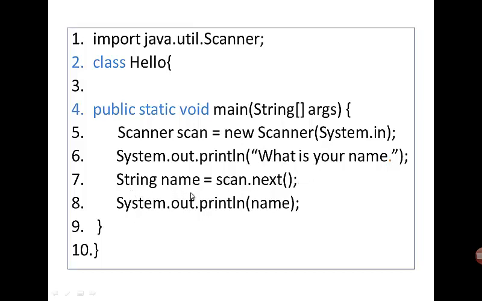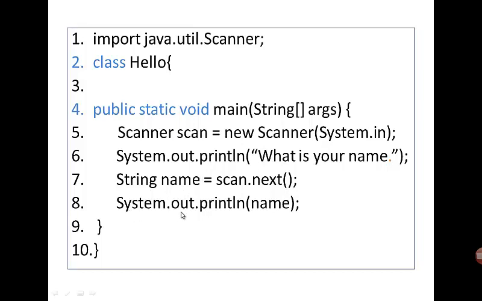This line tells the computer to wait for the user to input his or her name, where it says scan.next. Whatever you type next will be assigned to the variable name. So we have String name equals scan.next. Again, this is just assigning whatever's being typed into the keyboard to the variable name.